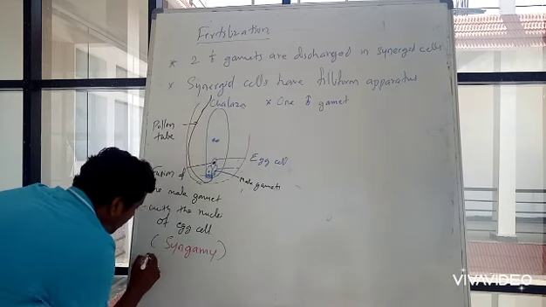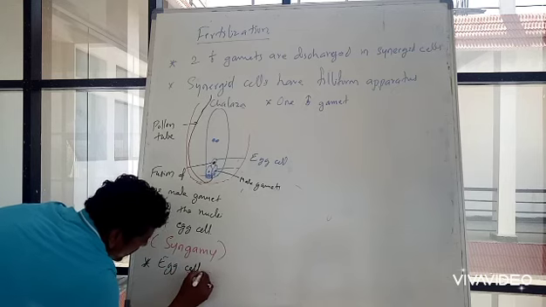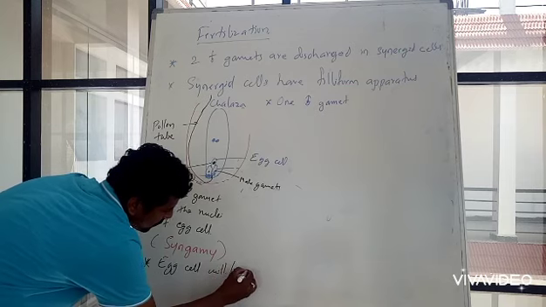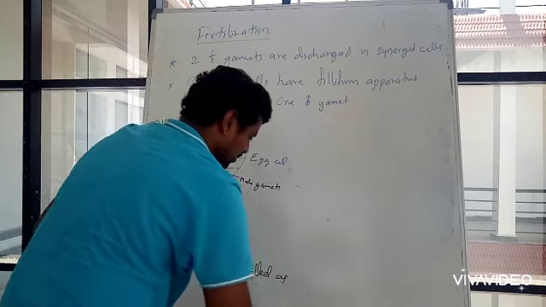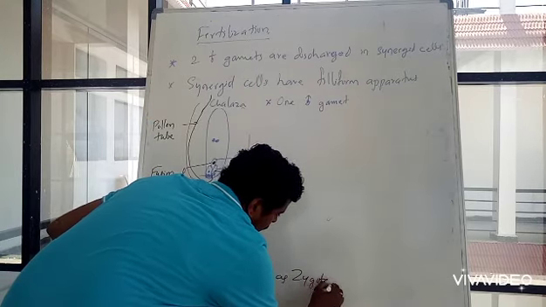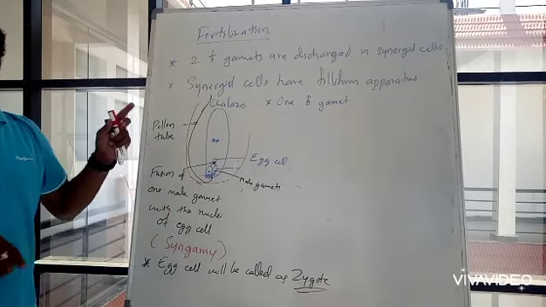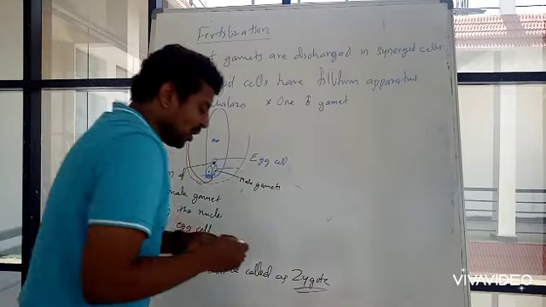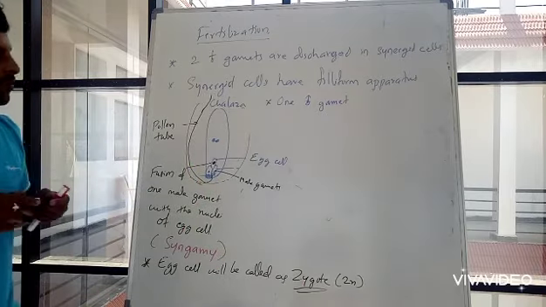Then the egg cell will be called a zygote. Okay, once the male gamete fuses with the nucleus of the egg cell, it will become diploid or 2n, a diploid zygote.